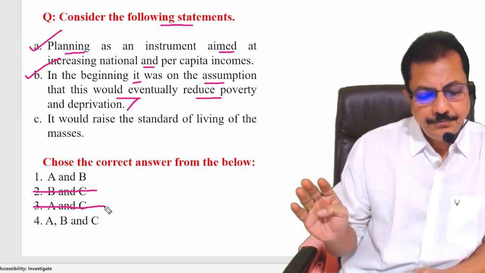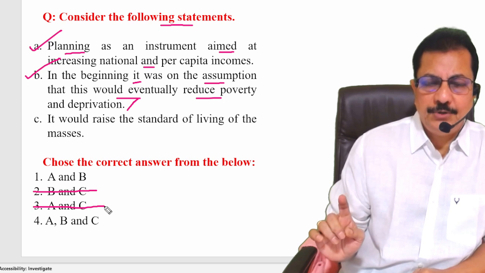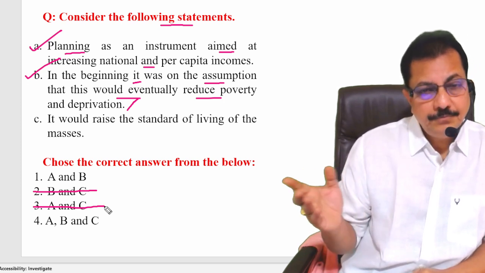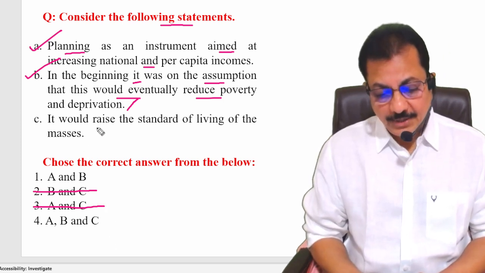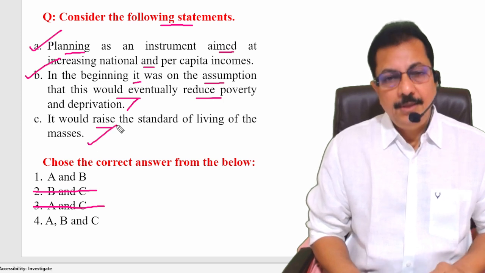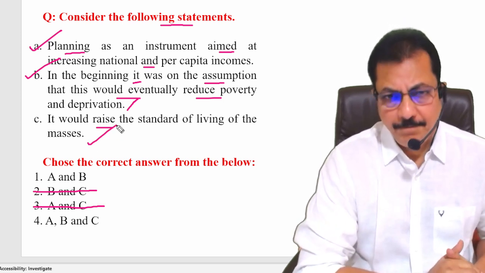That's it. If C is correct, my answer is option 4. If C is wrong, my answer will be option 1. That's it. Clear? Look at this. The planning would raise the standard of living of the masses. This is another important aspect of our planning.